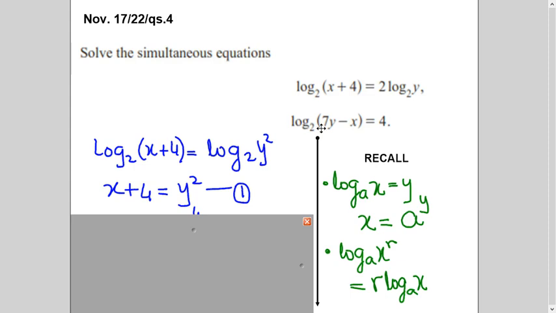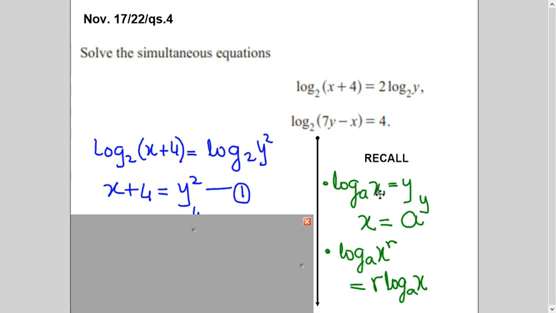Now logarithmic equation number 2. I will apply this concept and change this log form into index form. Right now, my x here is 7y minus x. Before I show you, can you tell me what it will become if you apply this concept?